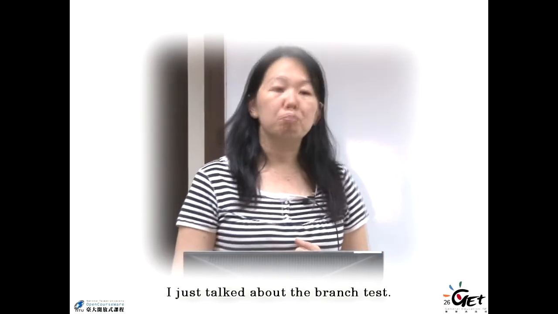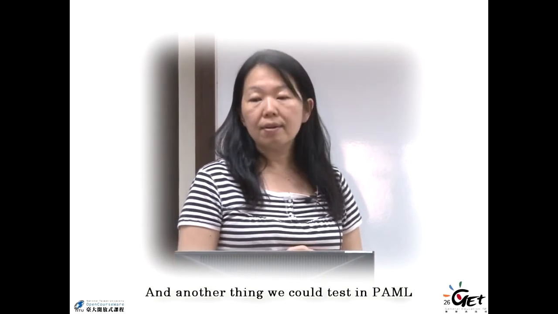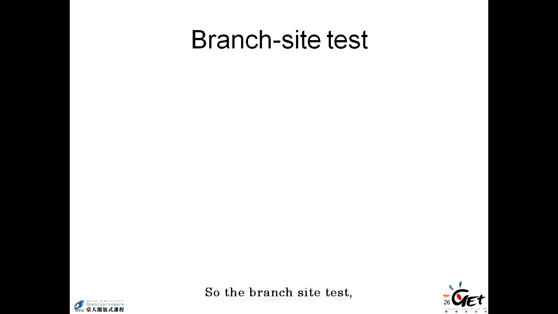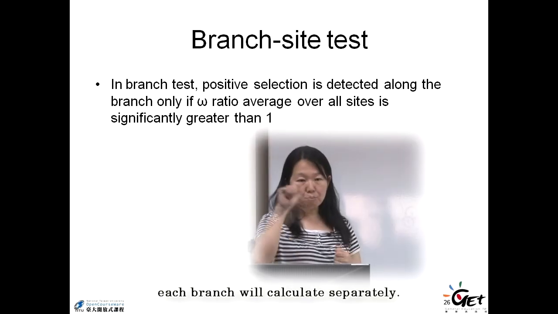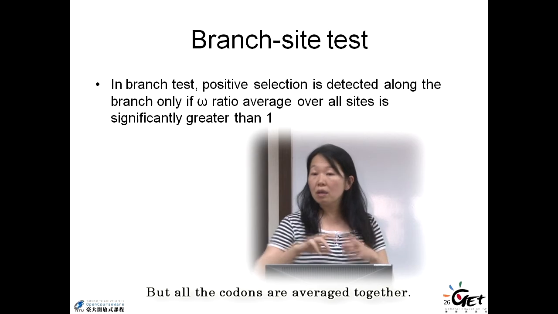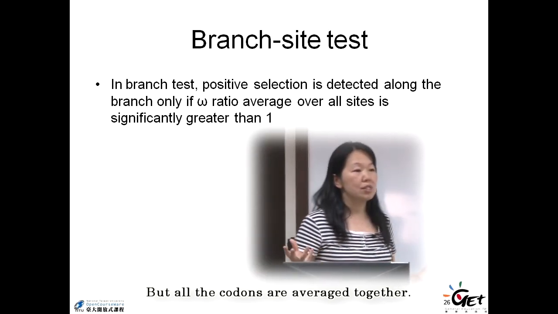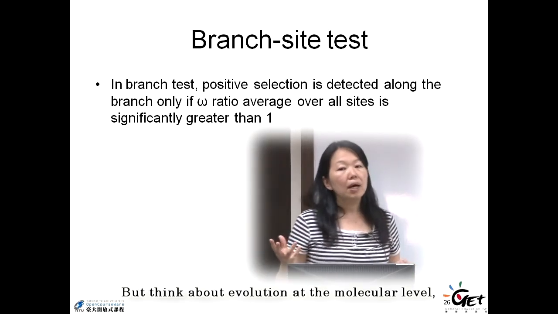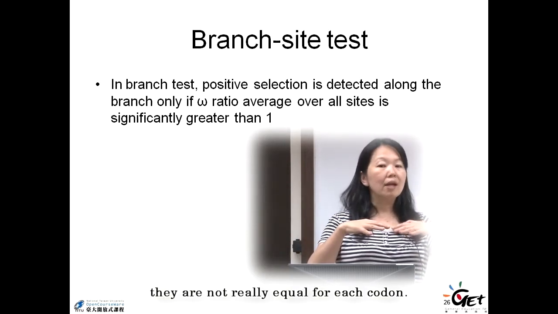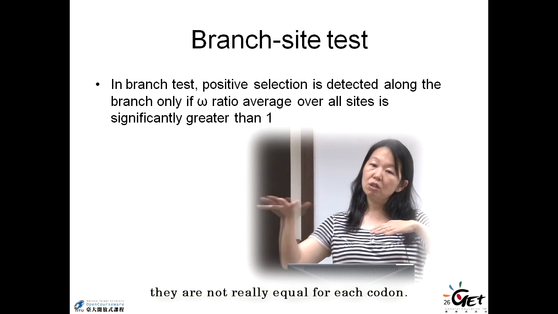I just talked about the branch test. And another thing we could test in PAML is the branch site test. So for the branch test, each branch will be calculated separately, but all the codons are averaged together. But think about the evolution at the molecular level. They are not really equal for each codon.